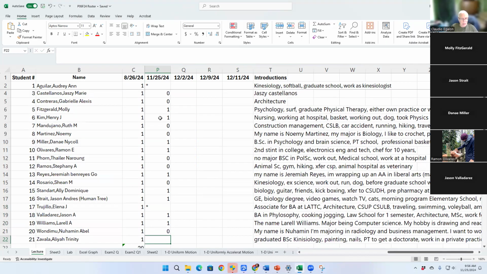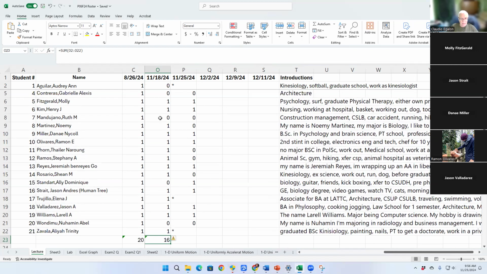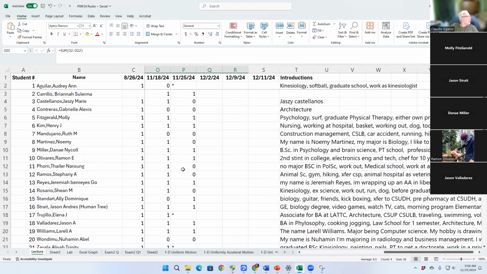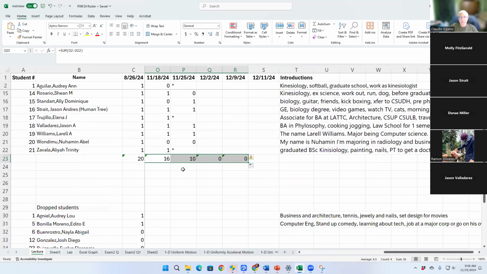Nuhamin is here. Alia Zavala. Are you there, Alia? Let's give her a star and let's see how many. 10, 11, 12, 13, and it matches how many I have there.